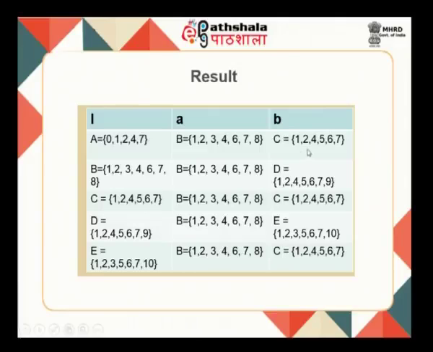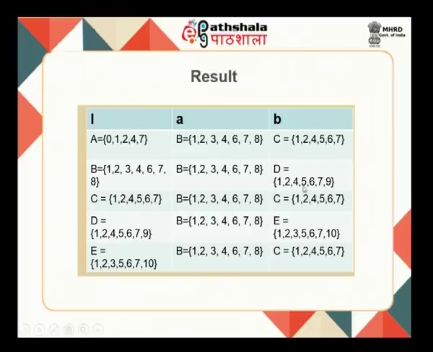And from here 1, 2, 4, 5, 6, 7, we already know there is a transition from 4 on B and there is a transition from 8 on B. Transition from 4 on B means we have got this result.